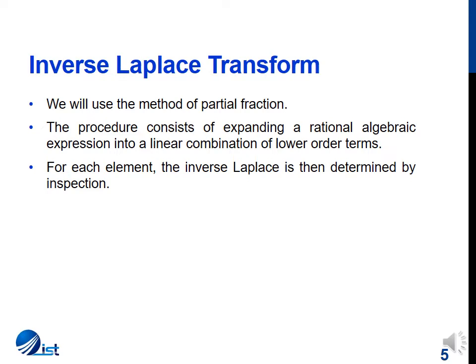The Laplace transform is a bidirectional transform, which means that if f of t has a transform F of s, then given F of s and the ROC, we can determine the inverse Laplace transform. In our course, we use the method of partial fractions. If F of s is a rational algebraic expression, it is broken down into a linear combination of lower order terms, and for each of these lower order terms the inverse Laplace transform was determined by inspection.